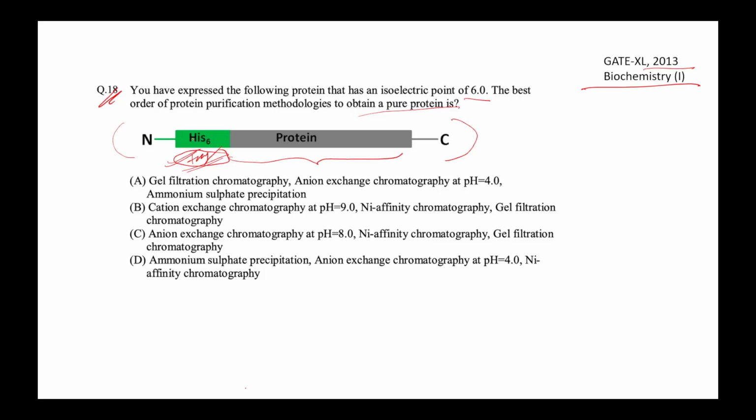What are the different techniques of protein purification? Seeing this protein, which technique do you think is best suitable for the purification? This nickel, where does it bind? What exactly happens in nickel affinity chromatography?